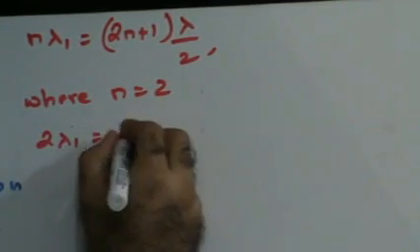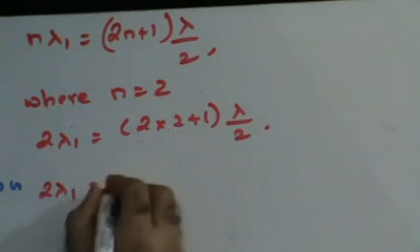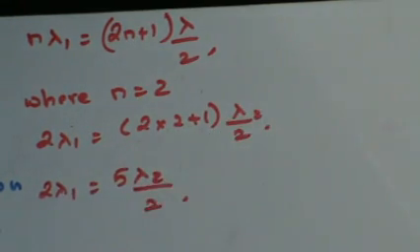So 2 lambda 1 is 2 into 2 plus 1 lambda 2 by 2. So 2 lambda 1 is 5 lambda 2 by 2. You have the value of lambda 1, you can get the value of lambda 2, right? Substitute and you should be able to get that answer. The answer for this should be 4800 Armstrong units.